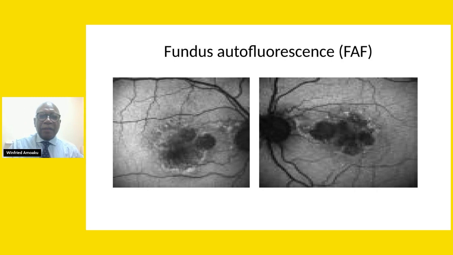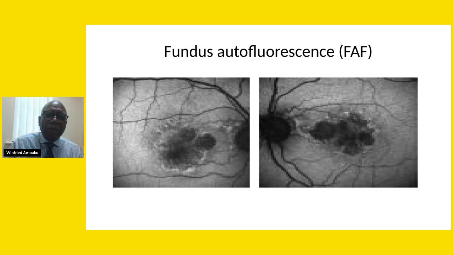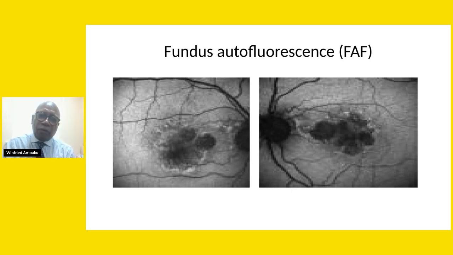Now, this next slide we call the fundus autofluorescence. Normally there's a substance produced in the retinal pigment epithelial cells that we call lipofuscin, and this accumulates with time. Now, the retinal pigment epithelium fluoresces if you use the appropriate wavelength of light, and we call that reflection of light back autofluorescence.